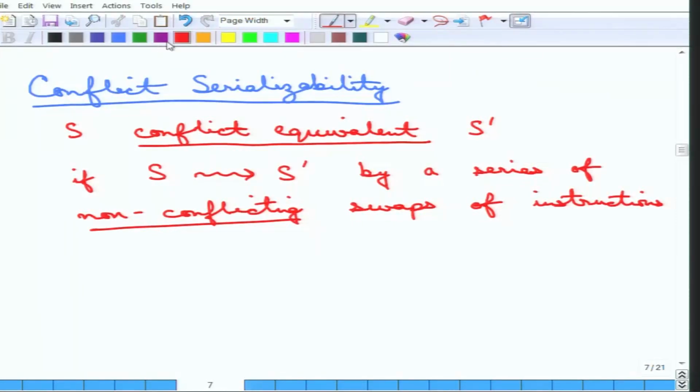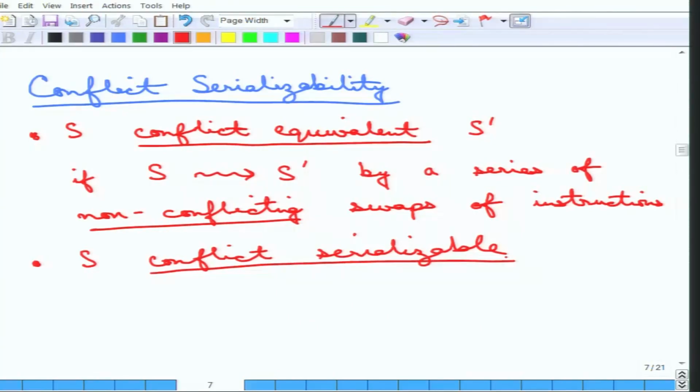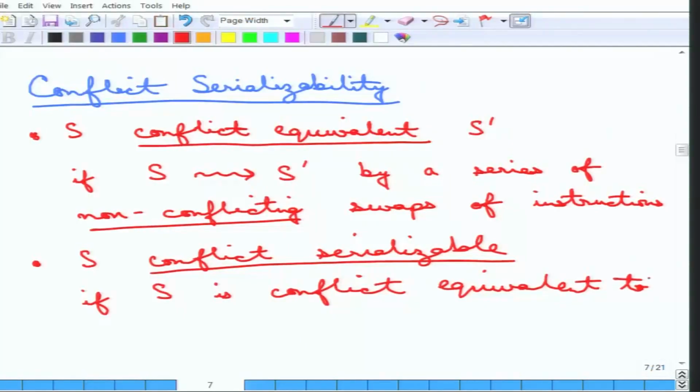Now this is the first definition. Now S is said to be conflict serializable. This is again a definition. S is conflict serializable if S is conflict equivalent to some serial schedule.